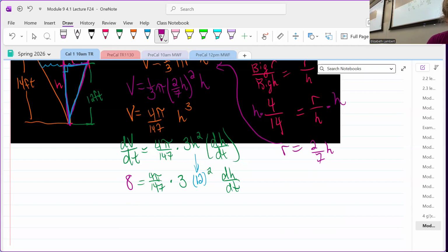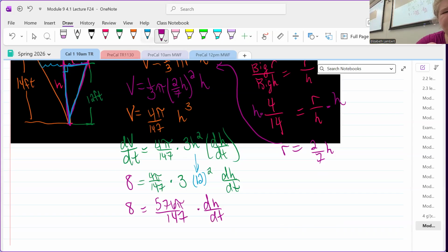All right, so 4 times 3 times 12 squared divided by 147. So that gives me 576 pi over 147 times dH/dt. And that is equal to 8.